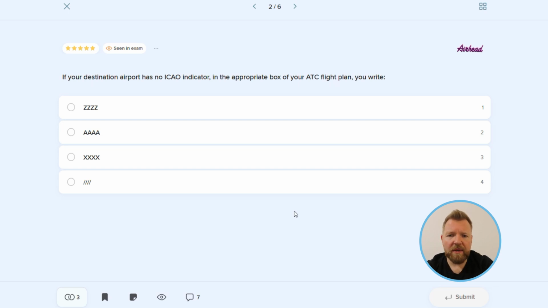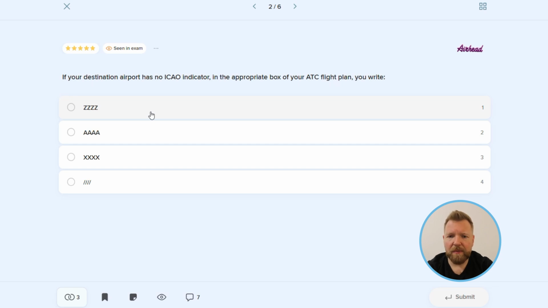So, whenever the location, whether it is departure or destination, doesn't have an ICAO 4-letter location indicator, we need to insert 4 Zulus in the respective item. In this case, we need to specify the name and location of the aerodrome in item 18.